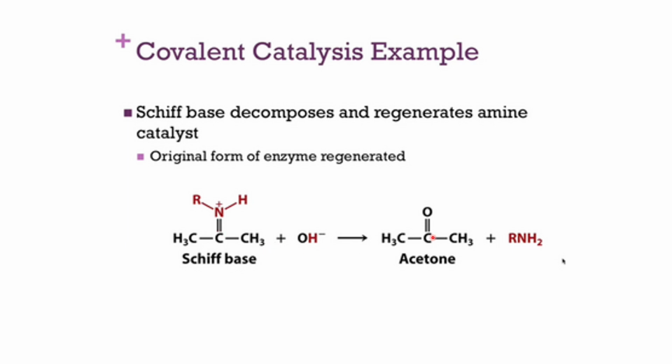Here C double bond O is formed, and the protonated RNH reacts with hydrogen from the hydroxide and forms RNH2. So this is just one example of a covalent catalysis reaction. Here the side groups are just displaced or replaced, while the enzyme acts as an intermediate and helps in the transfer of the ions amongst each other.